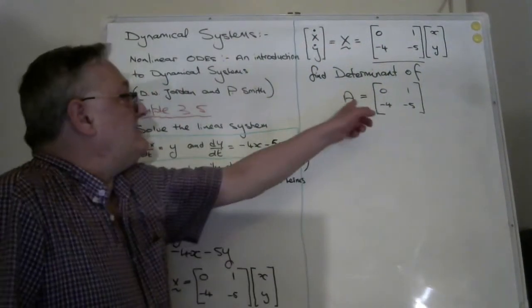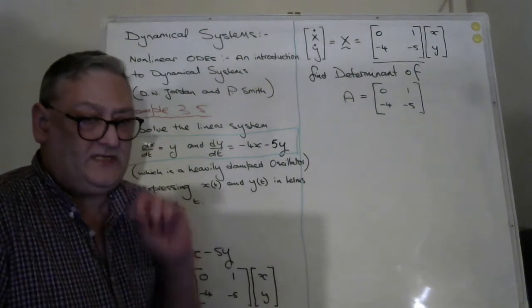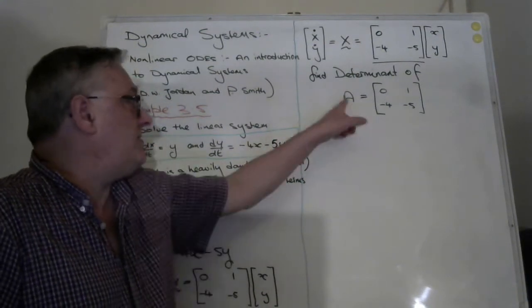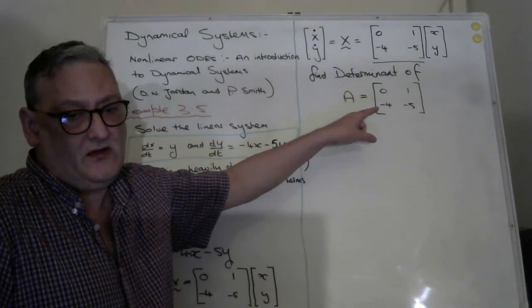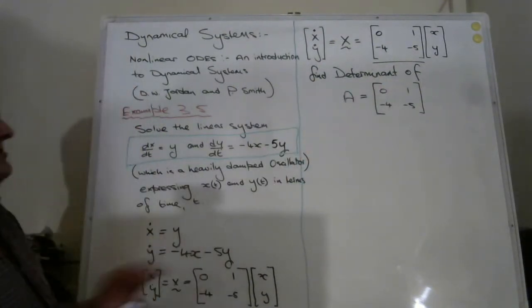So we have to find the determinant of this matrix. Well, how do we do that? And also, what do we equate the determinant to?